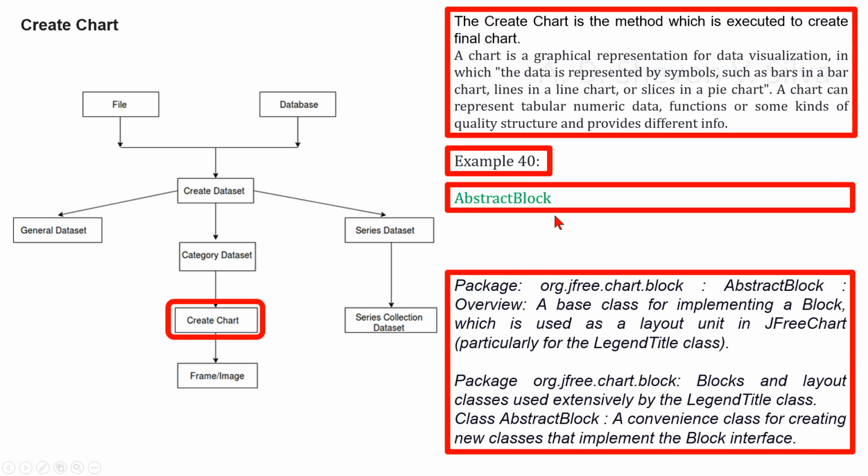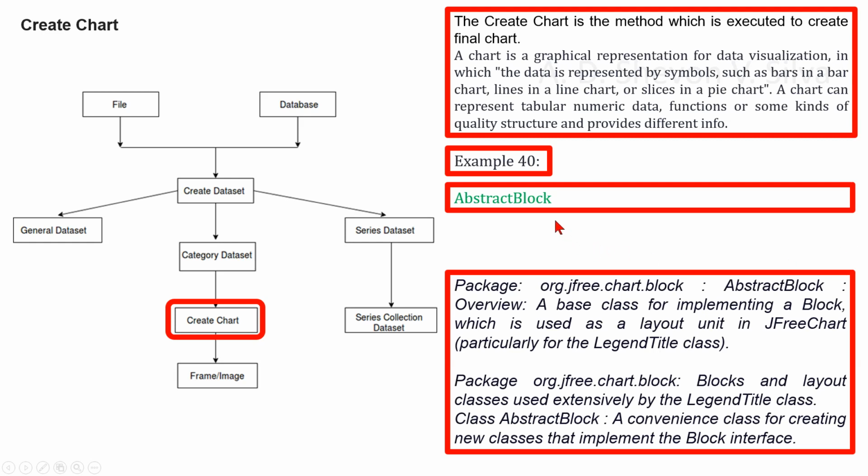Overview of AbstractBlock in package org.jfree.chart.block. A base class for implementing a block which is used as a layout unit in JFreeChart, particularly for the LegendTitle class. The package org.jfree.chart.block contains blocks and layout classes used extensively by the LegendTitle class.